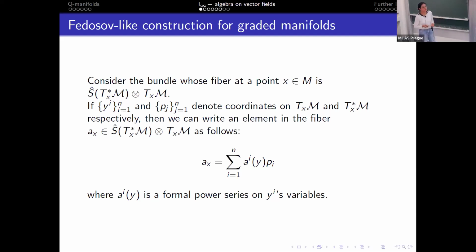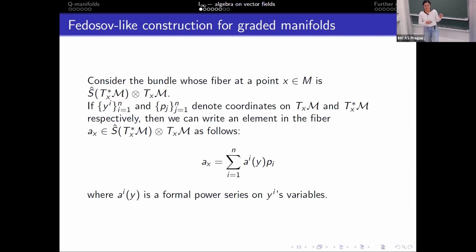So if we want to be more concrete, I fix the base point, which is given by x. I denote by y^i the coordinates on the tangent space, and p_j the coordinates on the cotangent space. And then we can produce this expansion. So this is how a typical element in the fiber looks like.